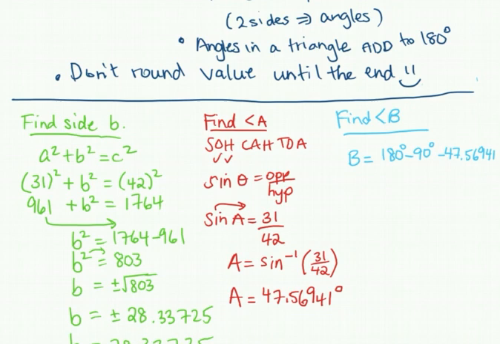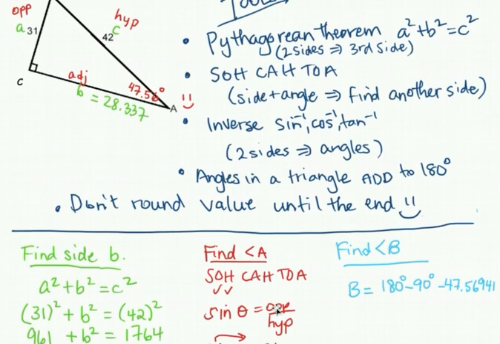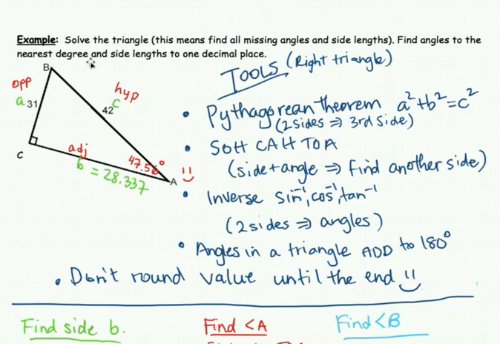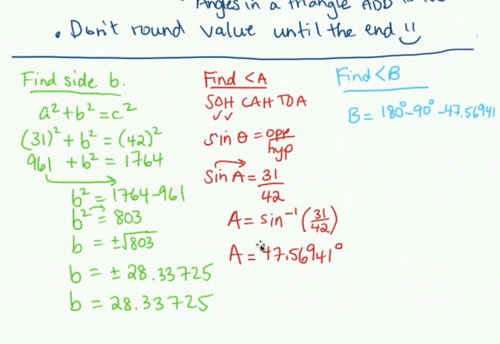Okay. The rule of thumb here is, if you're wondering how many digits you should carry, go and look at what they want you to round to. So it says find the angles to the nearest degree. So you know that you need to round to whole numbers. So I know I carried 5 digits. That's a little excessive. Maybe if you carried 3, it should still be okay.